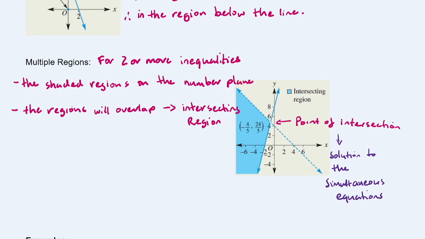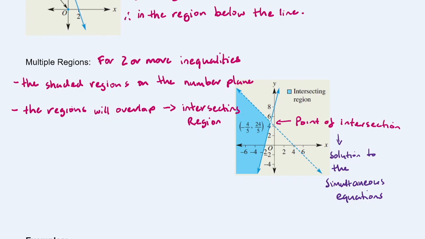That's what we're going to be doing with two or more inequalities on the same number plane. Only where those bits overlap need to be shaded, as you can see in that diagram, because that's the intersecting region. We don't need the rest of it. And that point of intersection will be the solution. Now, if it's an open dot, that intersection will be where things don't equal and everything else will satisfy.